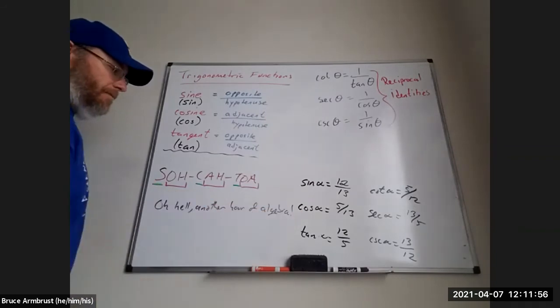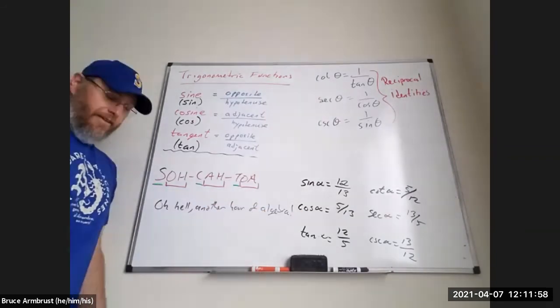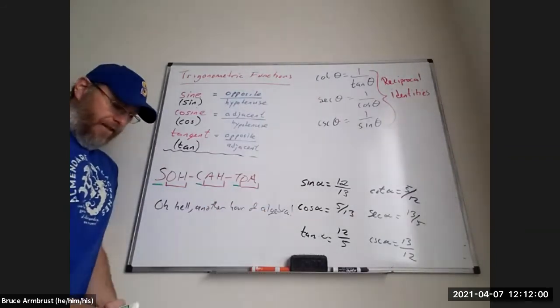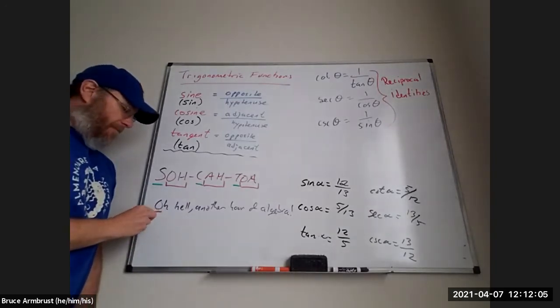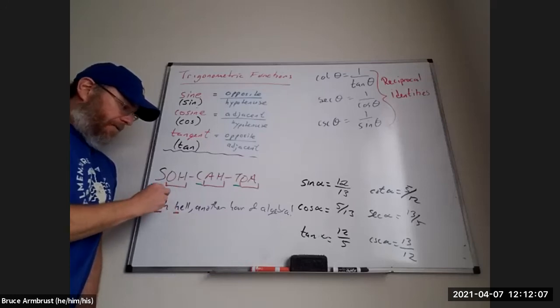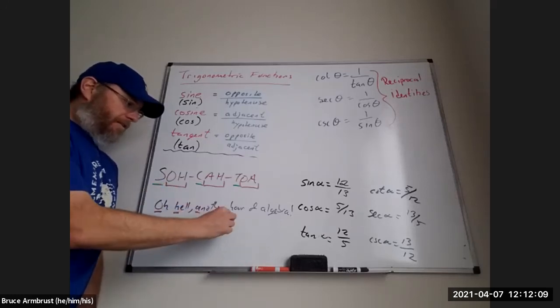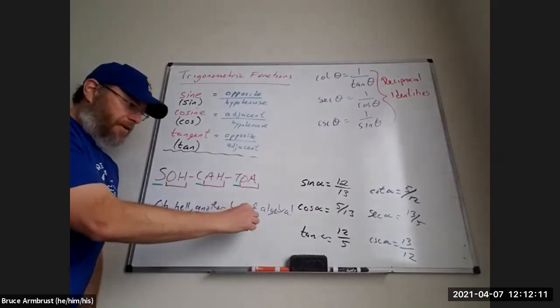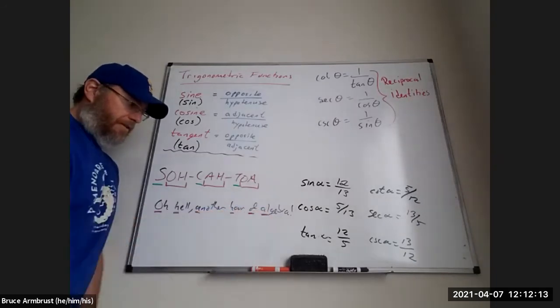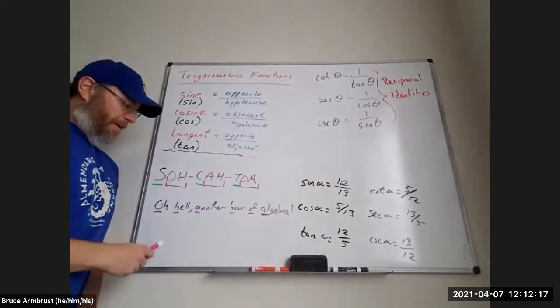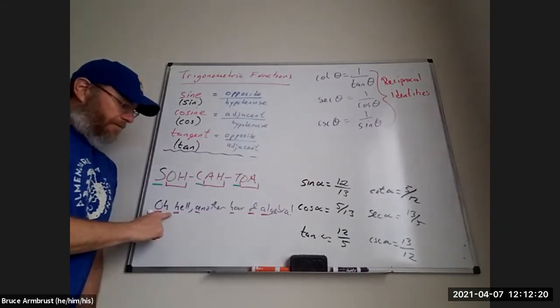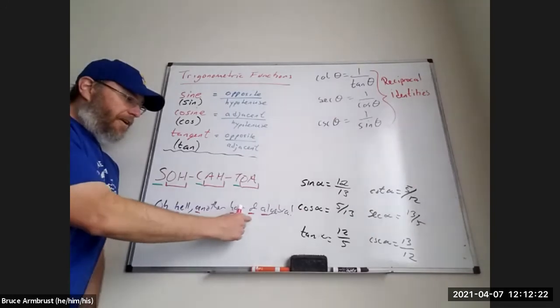And I guess that's probably an exclamation. But I don't know if you can see it, but here's your opposite hypotenuse, adjacent hypotenuse, opposite and adjacent. Right, so, oh hell, another hour of algebra.